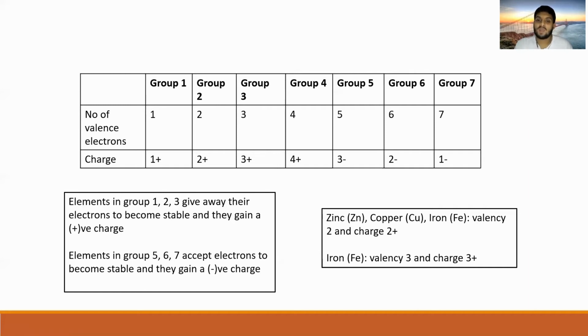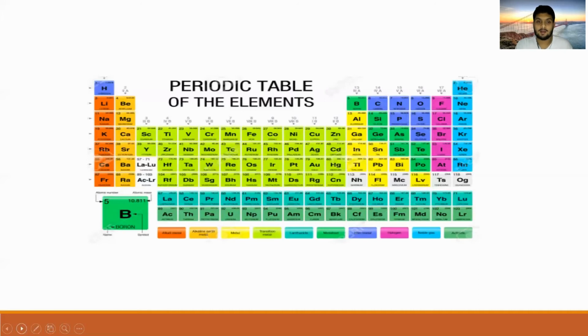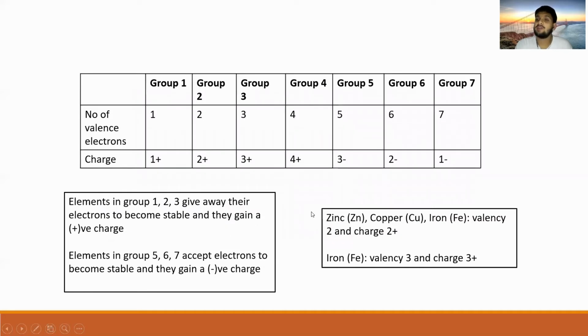But in this periodic table, I told you there is a portion called the transition metal portion, this portion. So this portion is actually the transition metals. Now transition metals do not have an exact valence like +1 or something like that.